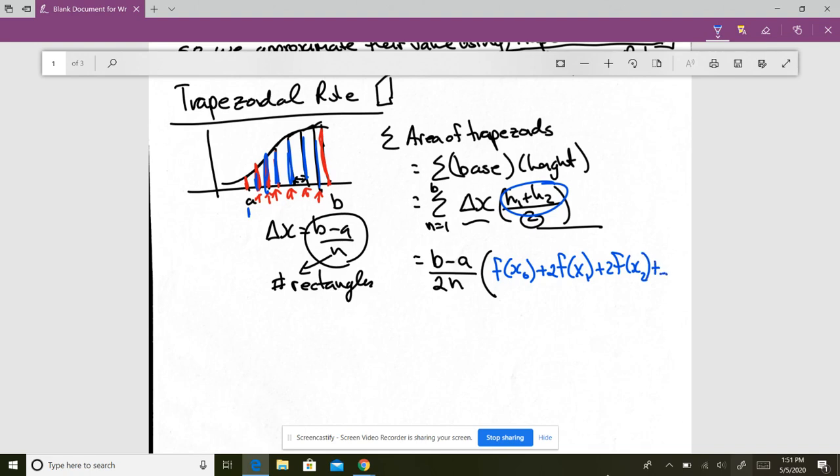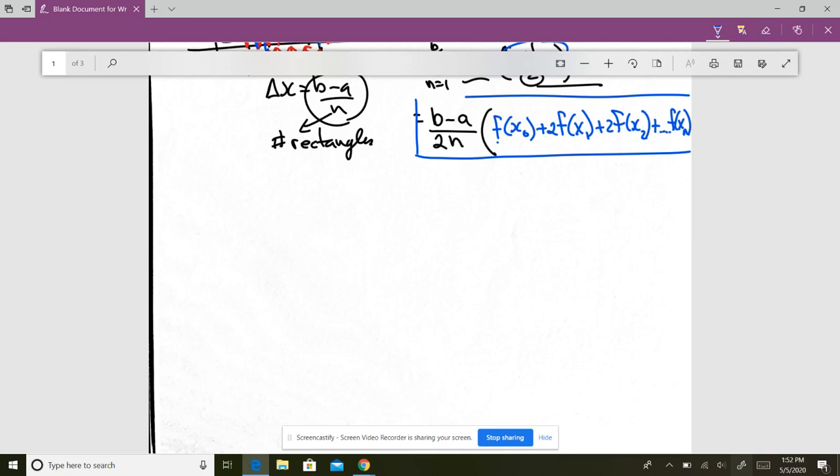Now it's going to continue into the last one, which is f of xn, but it only has a coefficient of 1. So the only trick here to remember this formula is it's b minus a over 2n. So it's delta x over 2, essentially. And the coefficients in front of the functions, or the heights here, are 1, 2, 2, 2, 2, 2, until the very end where it's 1 again.